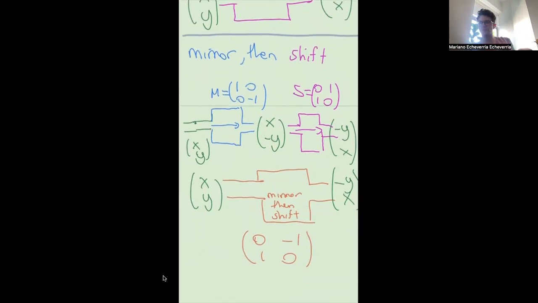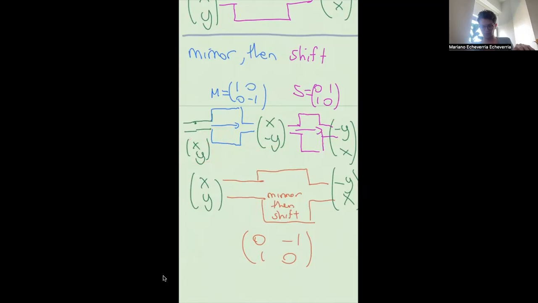Are there any questions about this so far? Professor, could you explain one more time the process? This one, you mean? Yeah. So you start with a vector xy, right?